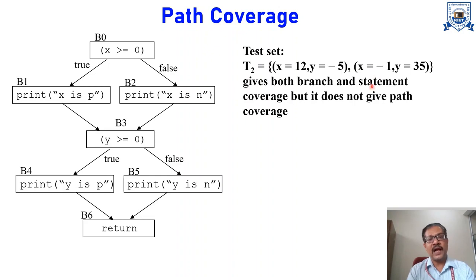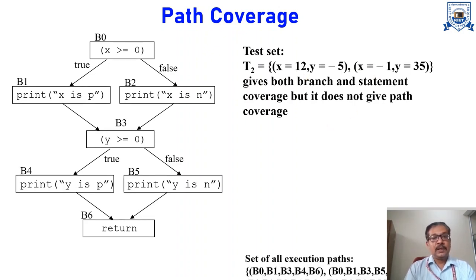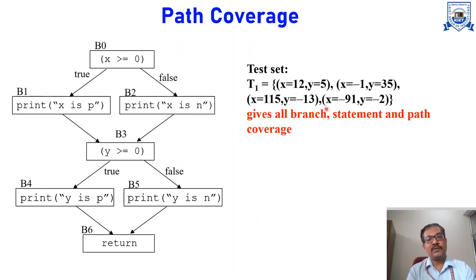We are going to add some new test cases, like x equals 11 and y equals -13, and x equals -91 and y equals -2. With these updated test cases, if you run this control flow graph, we are able to traverse all the 4 paths, right? That means we achieve path coverage.